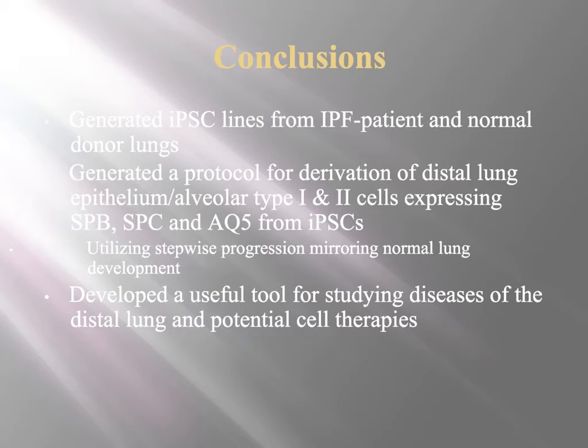We've also generated a protocol for deriving distal lung epithelium, specifically surfactant protein B and C expressing alveolar type 2 cells and aquaporin 5 expressing alveolar type 1 cells, and we did this utilizing a stepwise progression which recapitulated lung development in vivo. Doing so, we've developed a useful tool for studying IPF as well as other diseases of the distal lung, and that can possibly be used in potential cell therapies.